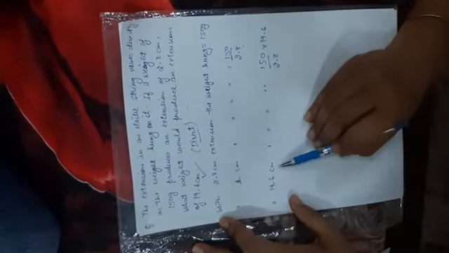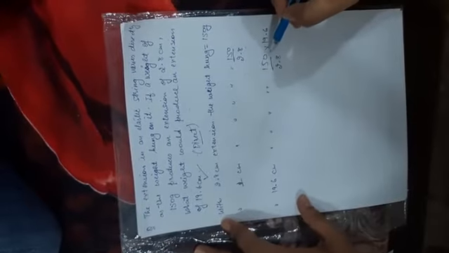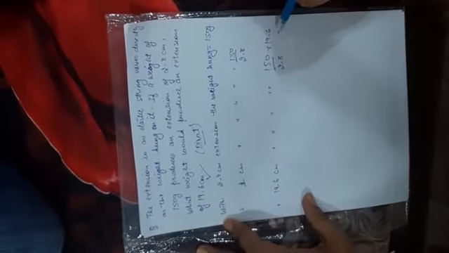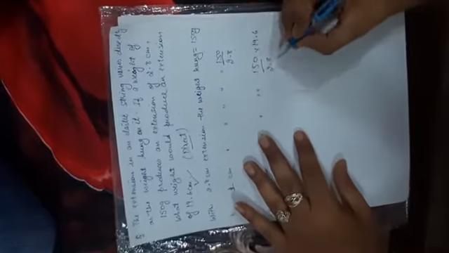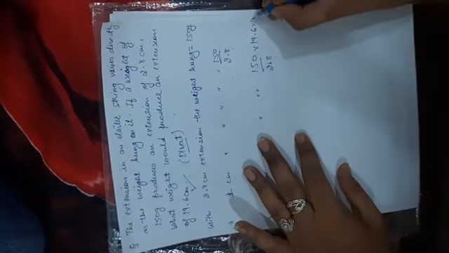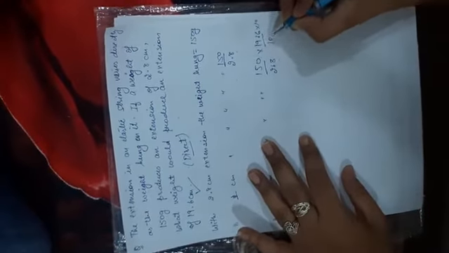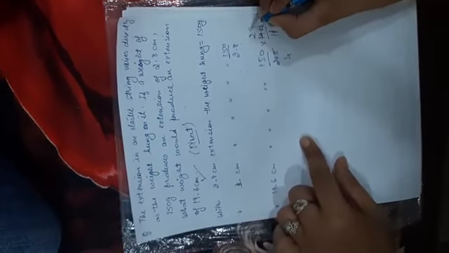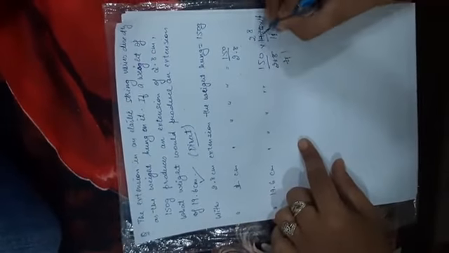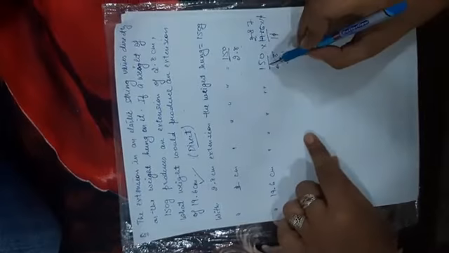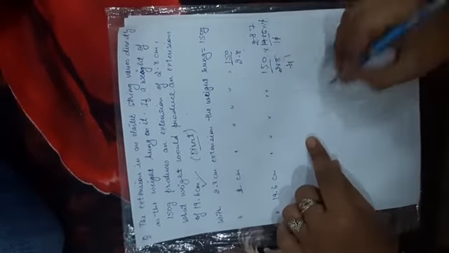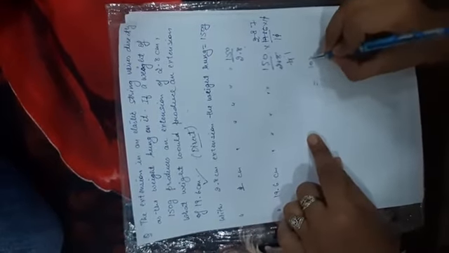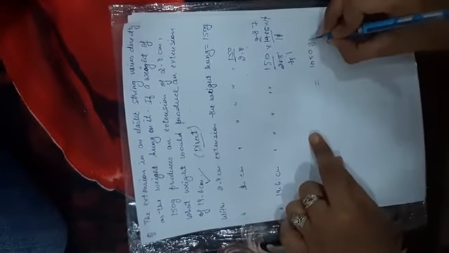And with 19.6 centimeter, it will be 150 divided by 2.8 multiplied by 19.6. This point is removed and 10 goes up. This point is removed and 10 comes down. 10 and 10 cut. 7 fours are 28, 7 twos are 14. 150 multiplied by 7 is going to give me 1050 grams.